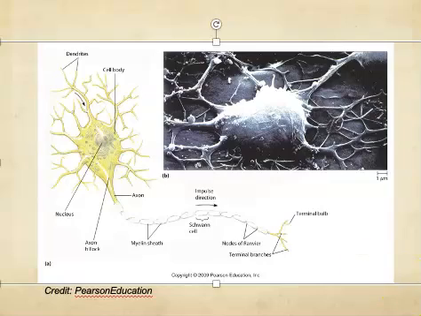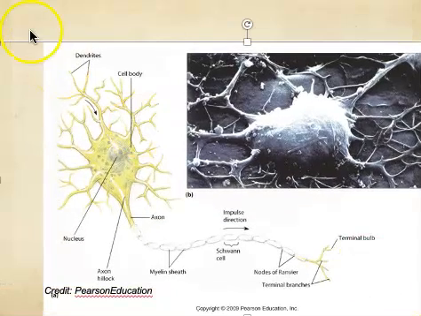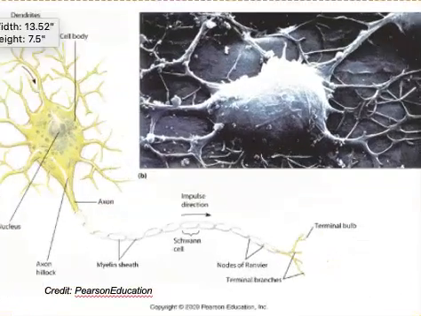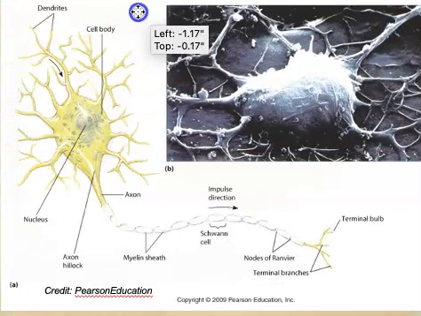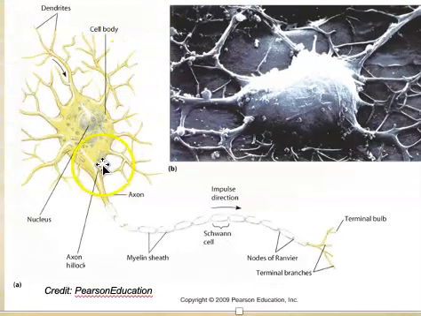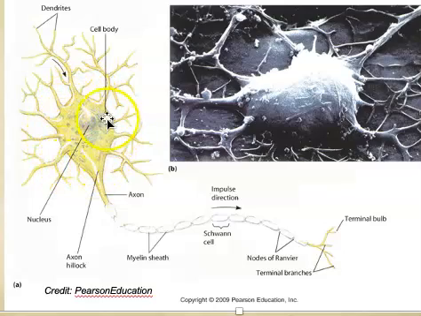Now, if we take a look at the drawing a little more closely, you can see some of the structures that we need to be familiar with. We've already talked about some of these. Again, the cell body is where the machinery of the cell lies. The nucleus and all of the other organelles are found in the cell body. The dendrites are simply extensions of the membrane. And dendrites can be very complex. They can themselves branch out.